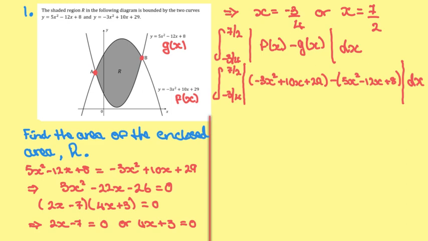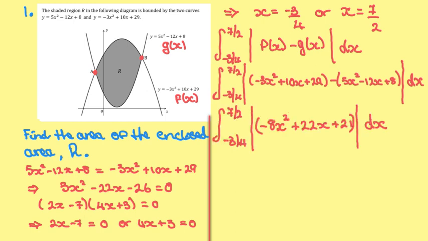If we put those into our integral, we get the integral between minus 3/4 and 7 over 2, the modulus of minus 3x squared plus 10x plus 29 minus 5x squared minus 12x plus 8 dx, which gives us the integral between minus 3/4 and 7 over 2 of the modulus of minus 8x squared plus 22x plus 21 dx.